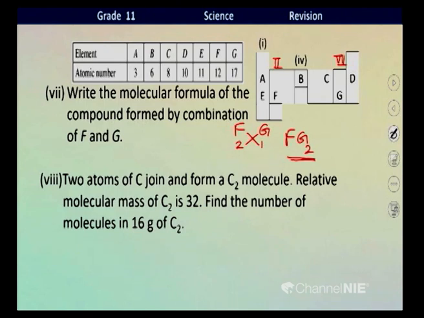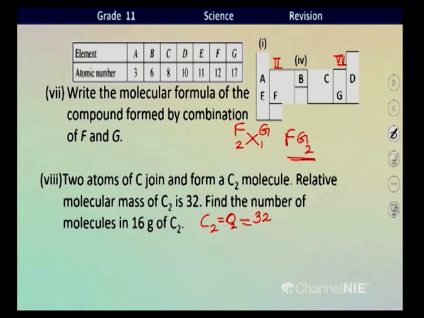Right, now we know that C2 is equal to O2. Relative molecular mass of this O2, that is C2, is 32. That means number of molecules in 32 grams is the Avogadro number.